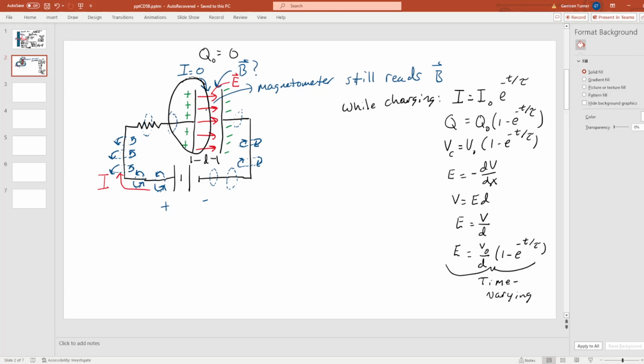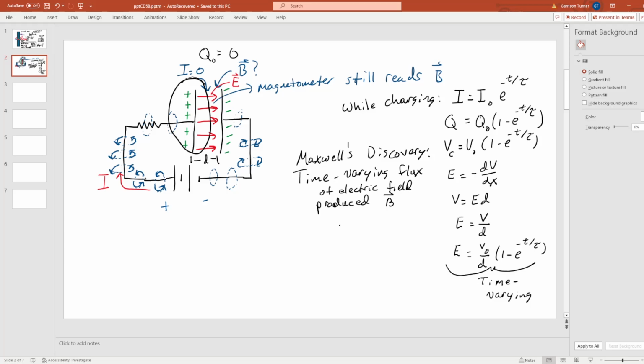He realized that a time varying flux of electric field produced a magnetic field.